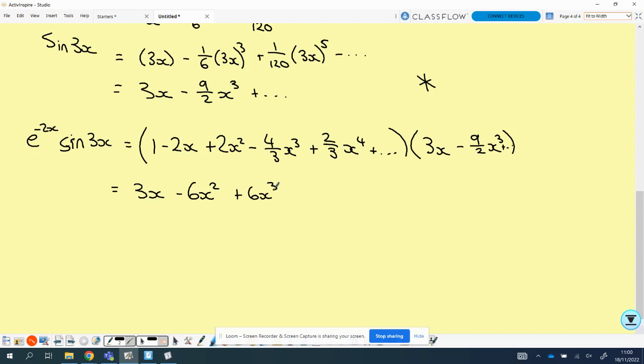The 3's will cancel, so negative 4x to the power 4. And you can see the last term for 3x times would be 2 over 3 x to the power 4. That'd take me to x to the power 5, but it's past it, I don't care about it. So that's me dealt with the 3x bit.